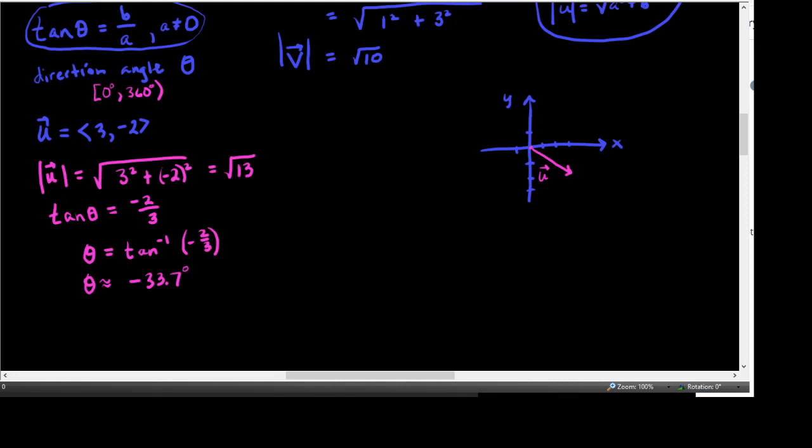Of course, -33.7 degrees is coterminal to our answer, but it's not what we want. So to get the correct answer, we're going to add 360 degrees to take it all the way around the circle. And that gives us approximately 326.3 degrees. Okay.